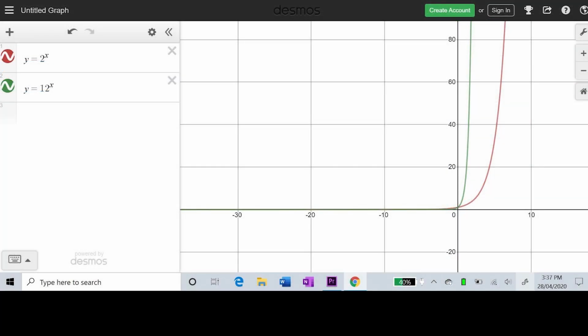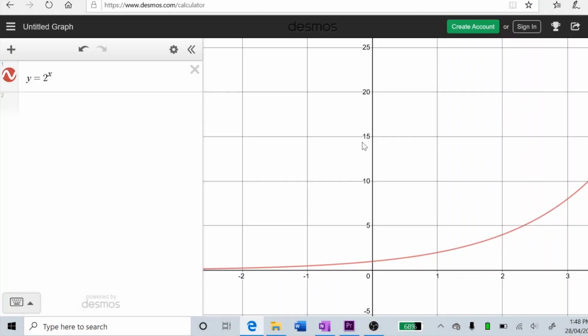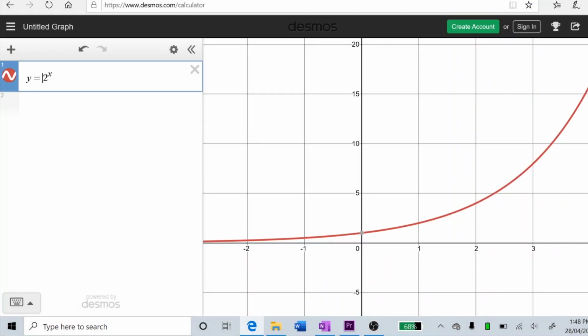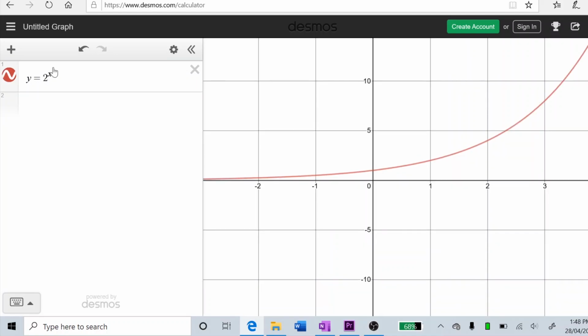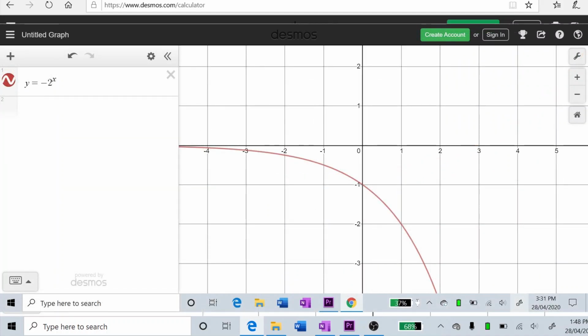Okay, and if I zoom out here, you'll be able to see this very clearly. We can also have reflections of this exponential growth. We can reflect it over the x-axis if we just take the negative of the entire function. So that is a reflection of exponential growth. You're just taking all of the negative values. Okay, so that is for exponential growth.